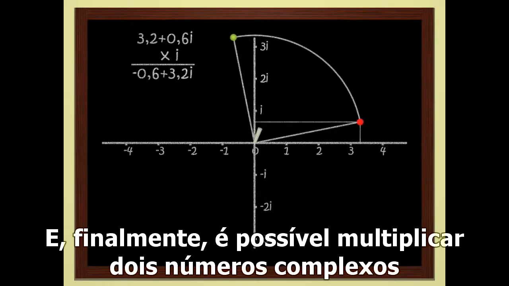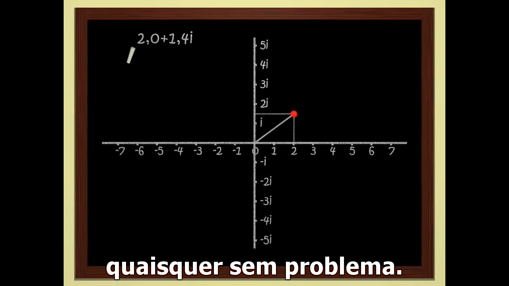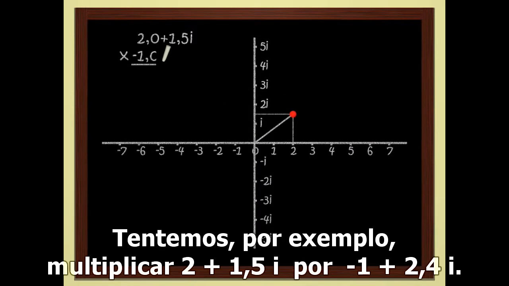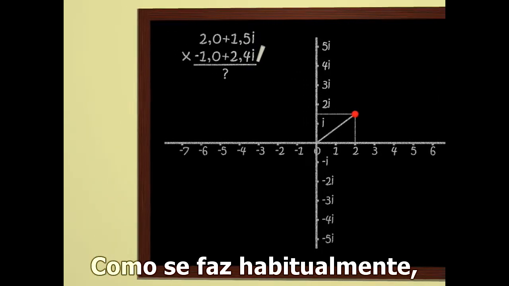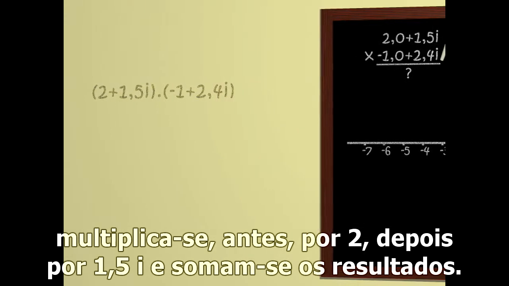And finally, we can multiply any two complex numbers with no problem whatsoever. For instance, let's try to multiply 2 plus 1.5i and 1 plus 2.4i. We proceed as usual.